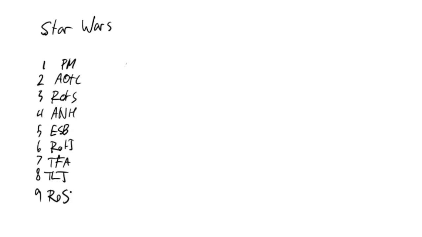Now, in this speculative world where you use our Fast and Furious ordinal numbering system, you would in fact still call these movies by their names. But if you were trying to be quick, as we do sometimes in this world, and instead of saying The Rise of Skywalker, you just want to say to your friend, I just watched Star Wars 9. Or you would say, I just watched the 9th Star Wars. Instead, you might say, I just watched Star Wars Presents Hobbs and Shaw.